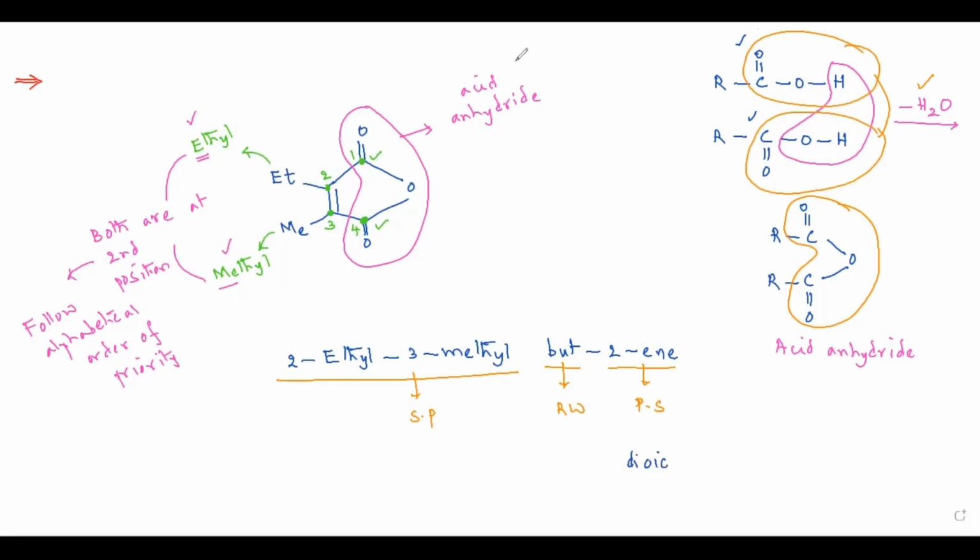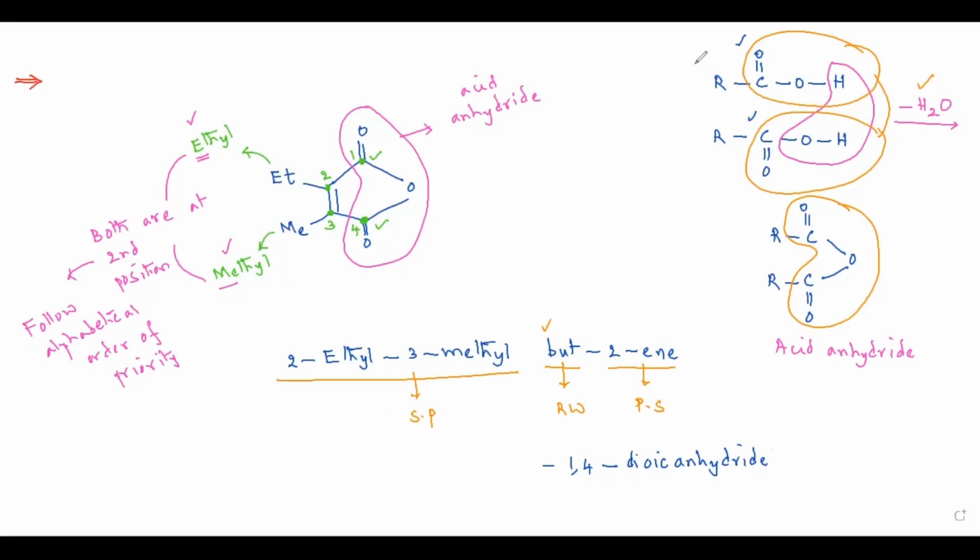If you want, you can even mention the numbers. Of course, it is very well understood that when there are 4 carbons, obviously they'll be at first and fourth, I mean at 2 different ends. But still, if you want, you can mention: butene 1,4-dioic anhydride. Dioic anhydride. Anhydride is nothing but without water form.